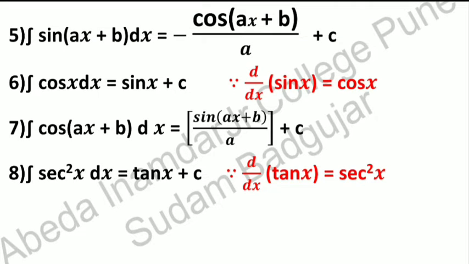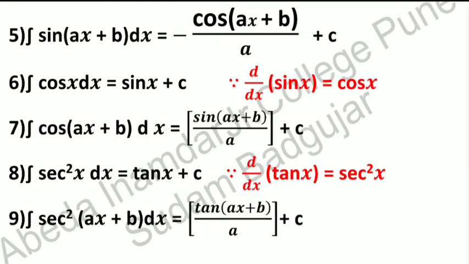Now, again in general form, instead of the angle x, I can take ax plus b. You must remember, the angle should be linear in integration cases. That is, the integration of sec square of ax plus b is equal to tan of ax plus b upon the coefficient of x, plus c. Now, the next part is the derivative of cot x.